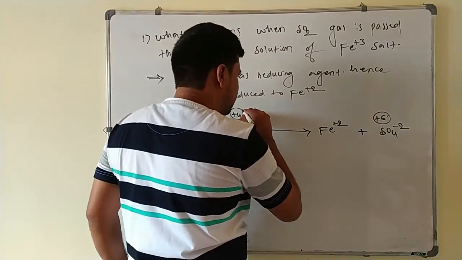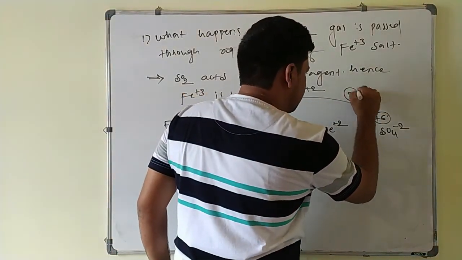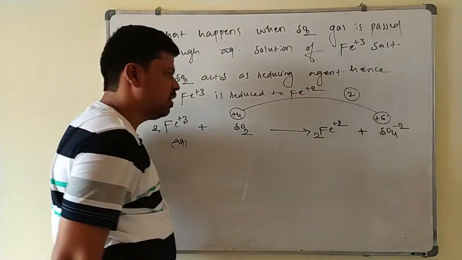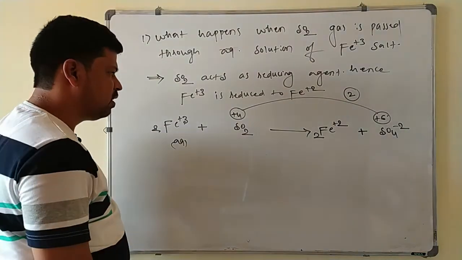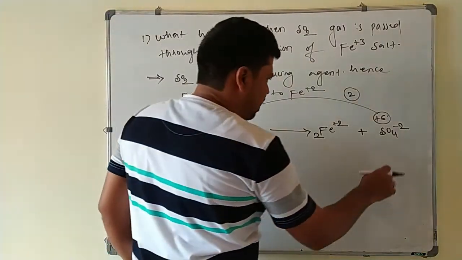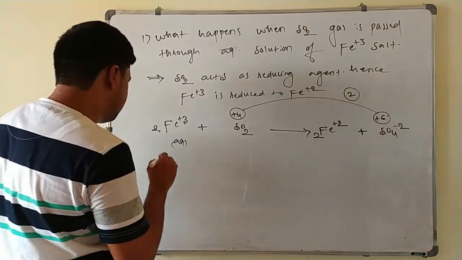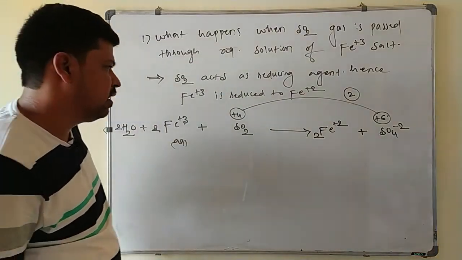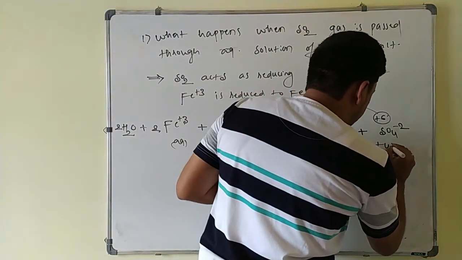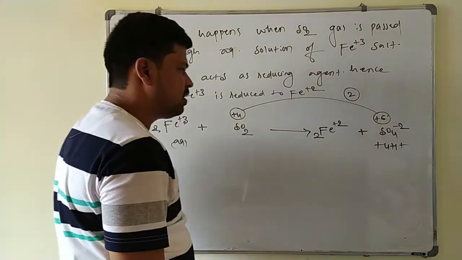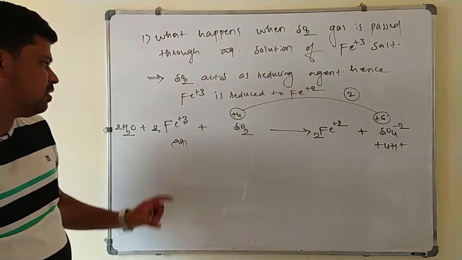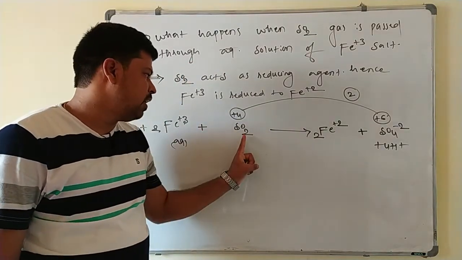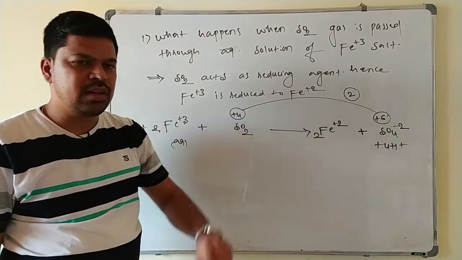So here +4 to +6 means 2 unit oxidation takes place. This 2 is multiplied to the Fe, 2 and 2. Okay, then how many oxygens are there? You can see here. Here only 2 oxygens are there, and here 4 oxygens are there. In this side, to this side you have to add 2 moles of water in order to balance the oxygen. Next thing, here you have to add what? 4 times of H plus, because here 4 hydrogens are there and here you have to add 4 times of H plus. This is what the balanced equation for the reduction of Fe+3 to the Fe+2 by the reducing property of SO2 to the SO4.